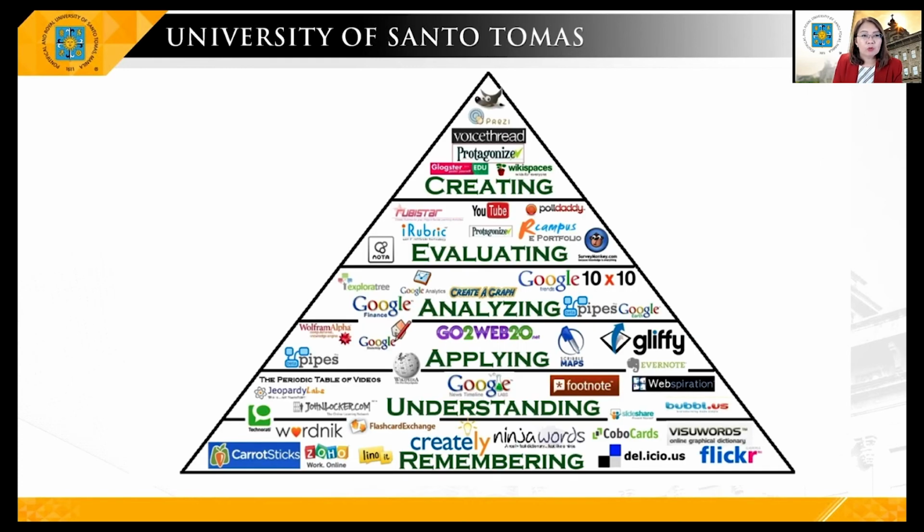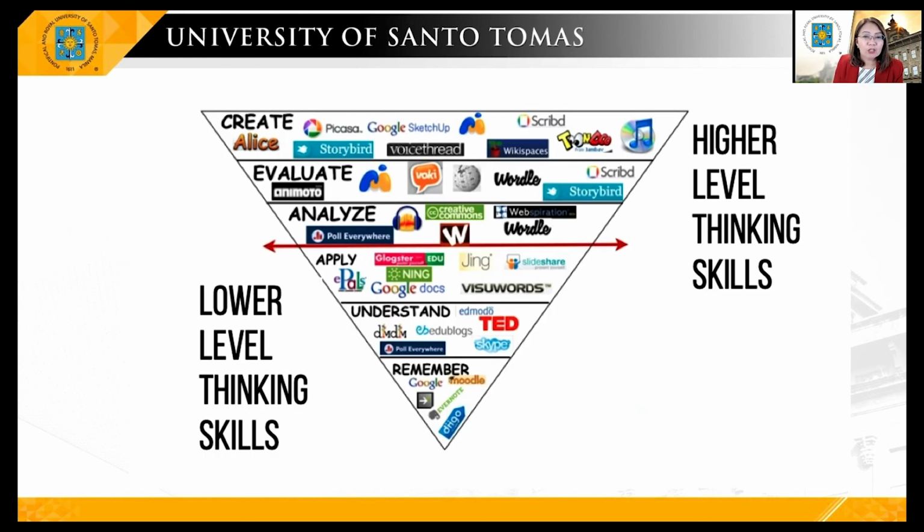At this point, we're looking at aligning the different tools with the different levels of cognition so that we are aware that, similar to the model, there are tools that would assist us when we are delivering a particular lesson, or when we are targeting a specific cognitive skill. Similar here, it could be an inverted pyramid, where we target higher level thinking skills more than the lower level thinking skills.